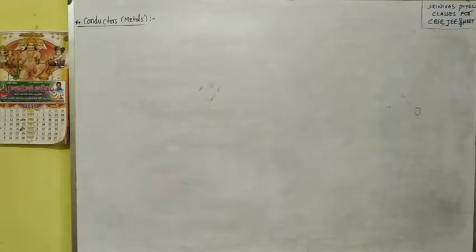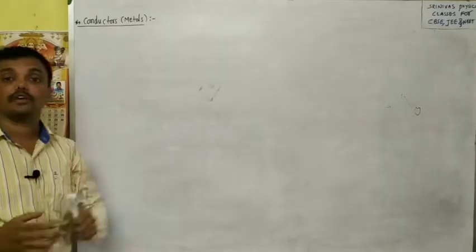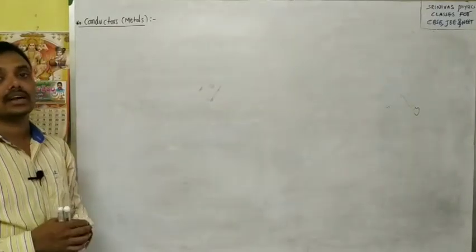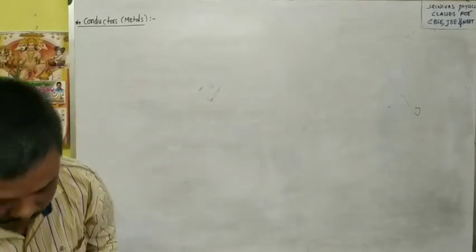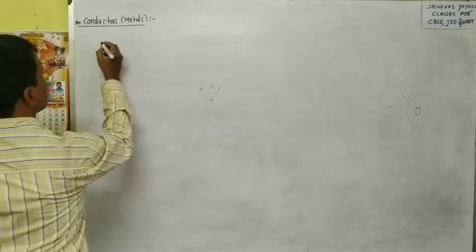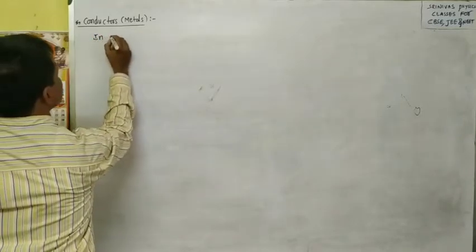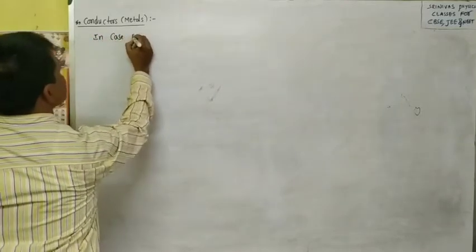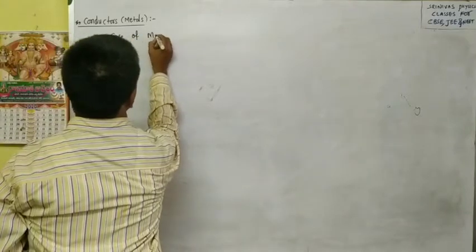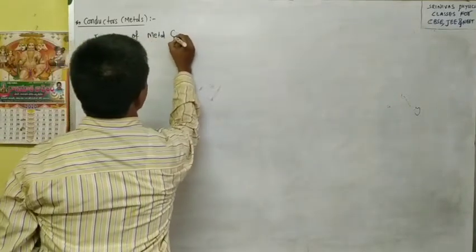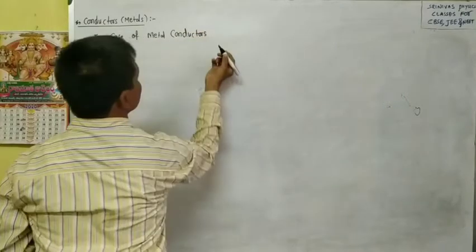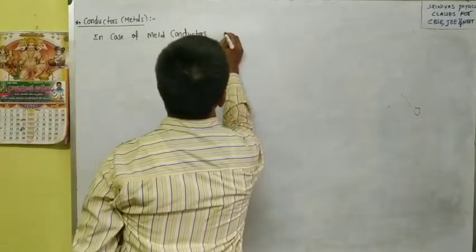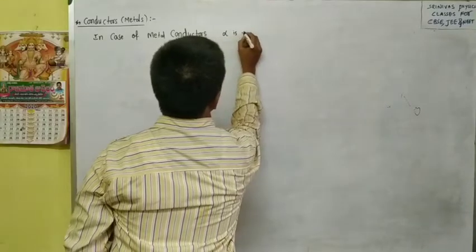First, conductors. How the resistivity and the resistance of conductors vary with temperature, that I am going to explain. In case of metal conductors, alpha is positive.